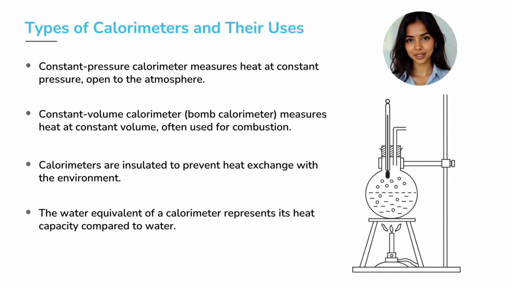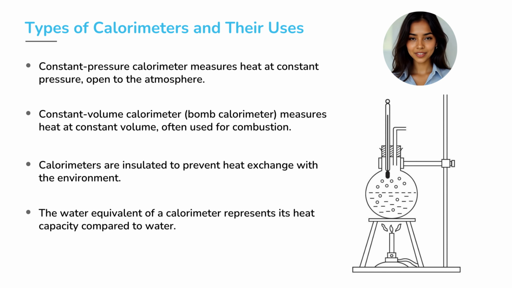Calorimeters are designed to minimize heat loss to the environment, ensuring that all heat measured is only the heat exchanged between the substances inside. Here's a quick equation for heat exchange. Heat equals m1 times s1 times (T1 minus T) plus the water equivalent of the calorimeter times (T minus T2).